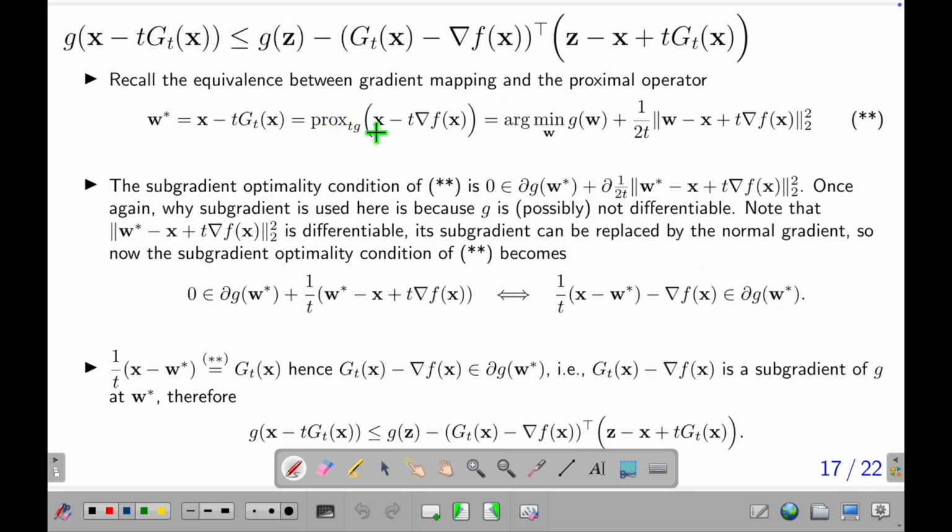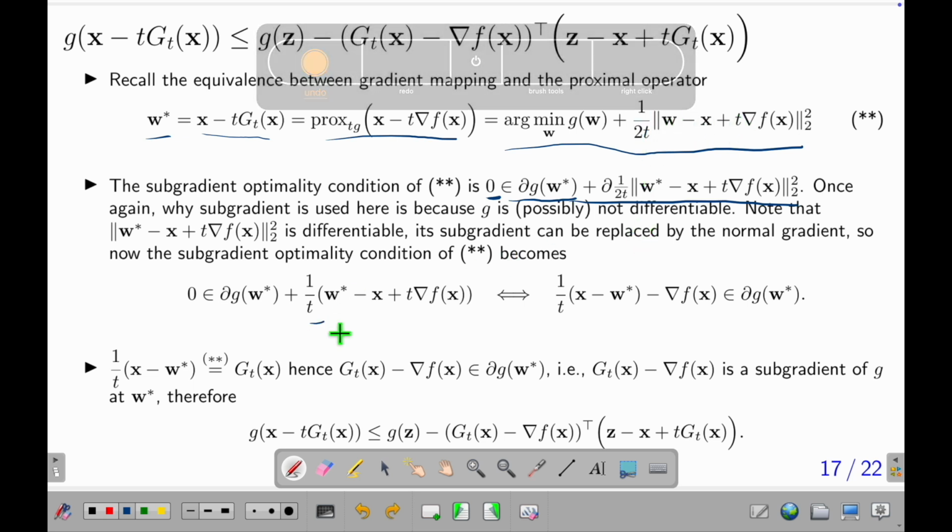So this is the idea. So now we need the prox and the subdifferential. w is the proximal update of x. If this w is the argmin of this thing, right? Then w is the optimality point of this problem. That means 0 belongs to the subgradient of this whole thing. This thing is differentiable, so this part becomes the gradient. This part becomes this thing.